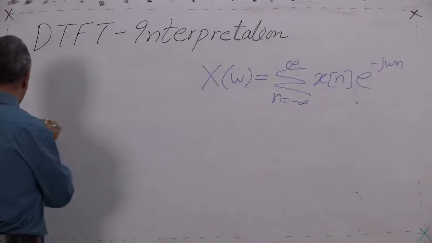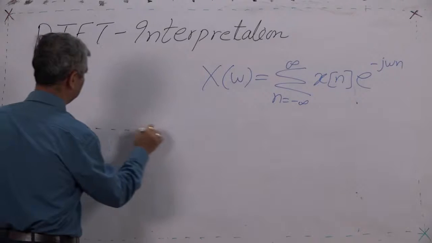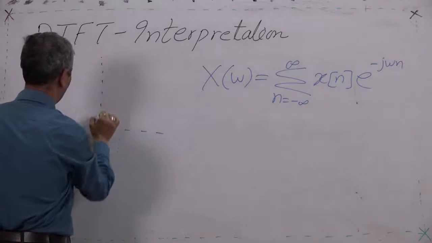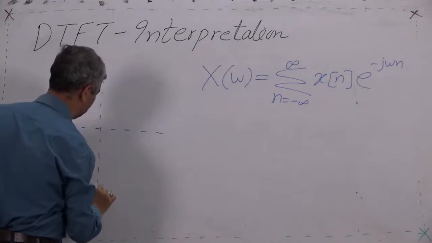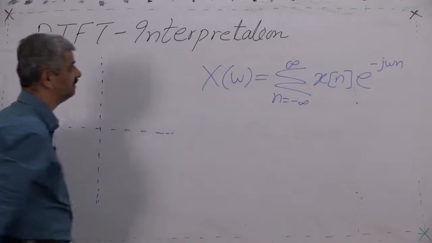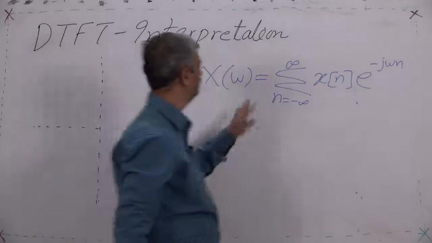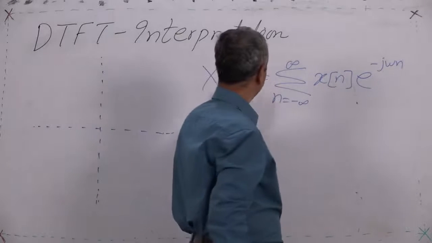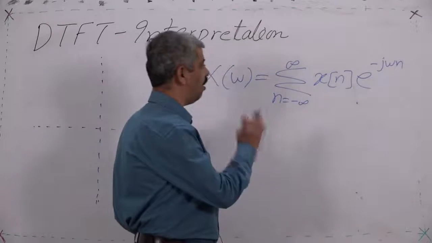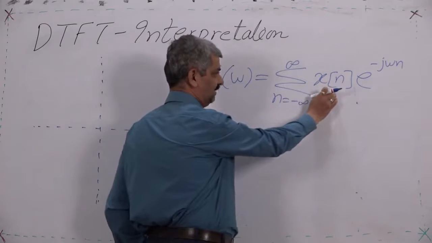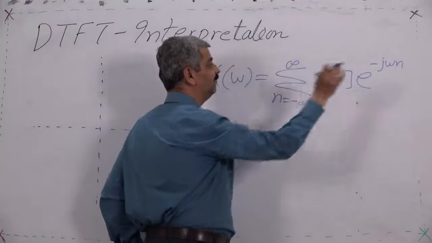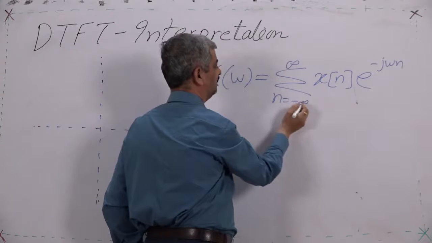So e raised to minus j omega n is what we discussed at the beginning of the concept of transform. The DTFT of a given discrete sequence is a weighted sum.